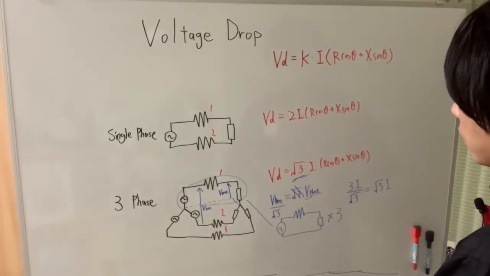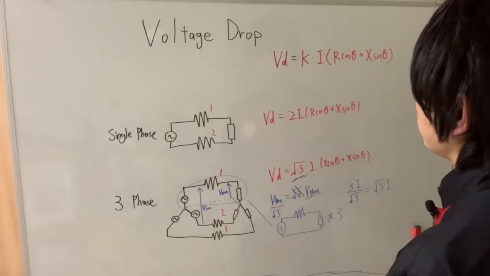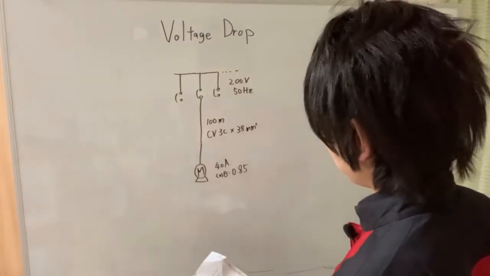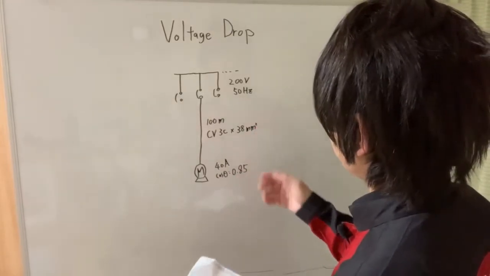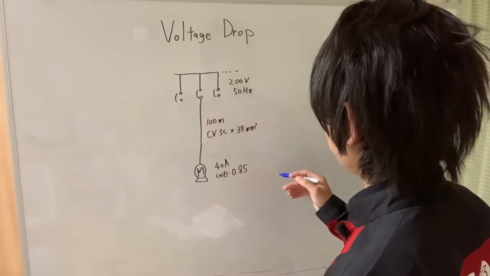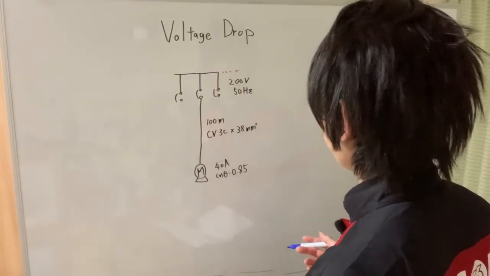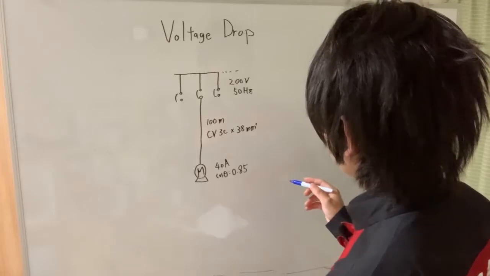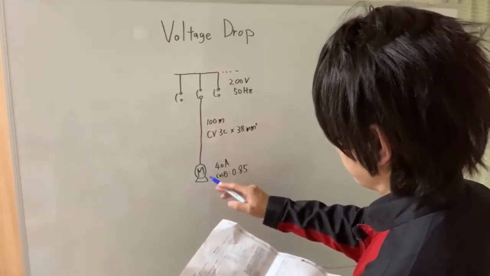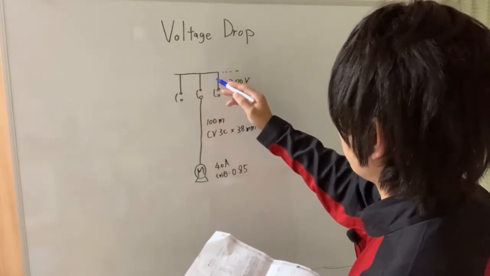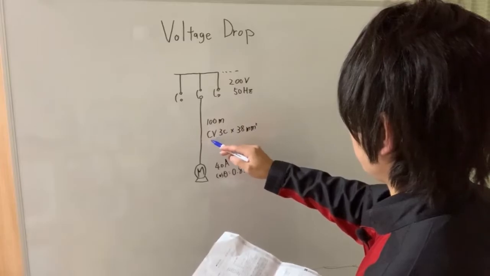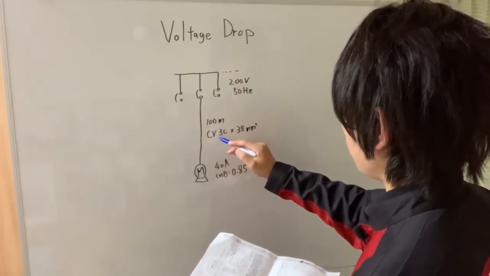Okay, so let's calculate a practical example of the voltage drop. Here let's calculate the actual voltage drop of this power system. This is the induction motor and the feeder, and this is cable, 100 meters, and this is the type of the cable.